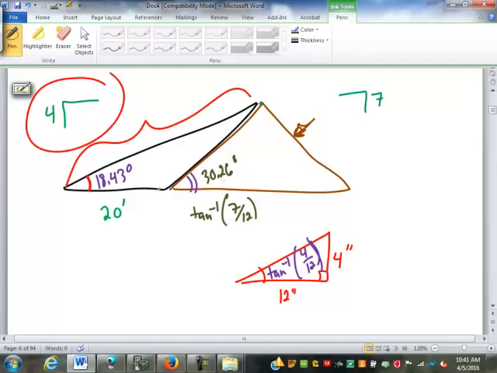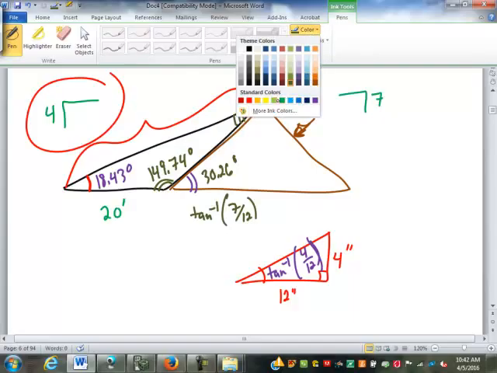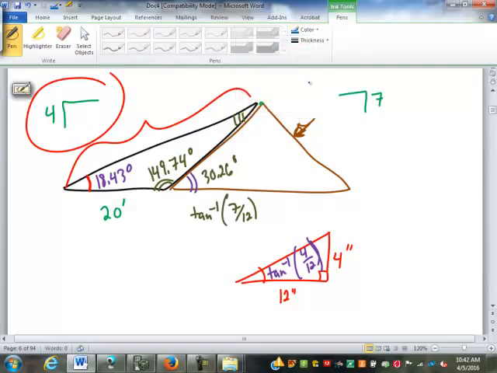I want this one, which is going to be, you got it, 180 minus 30.26, or 149.74 degrees, which means this one up here can be found to be how much? 11.83, I believe. Does that look right?